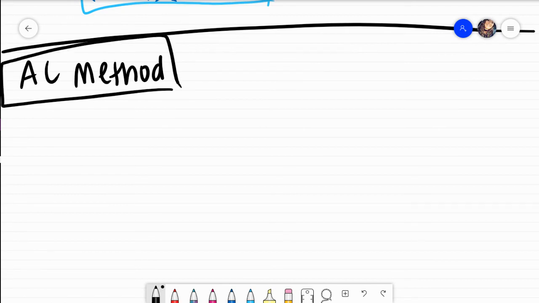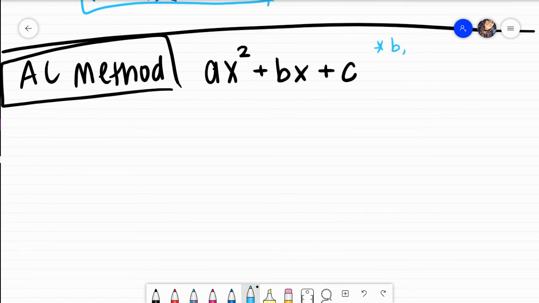So, AC method. The form it needs to be in order to be able to do the AC method is going to be ax squared plus bx plus c. And just to make a note, b and c can be negative.